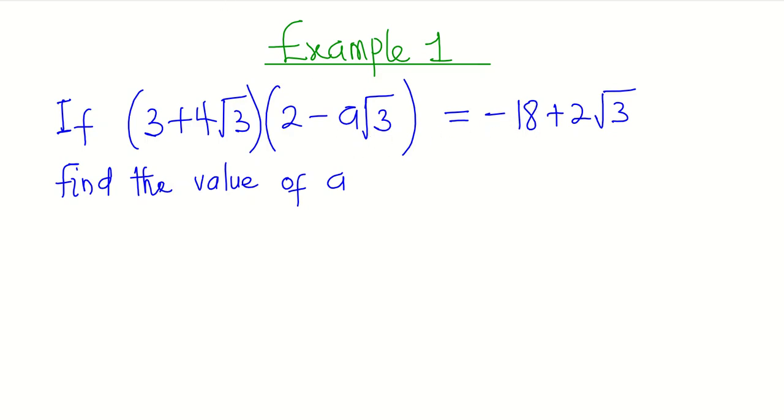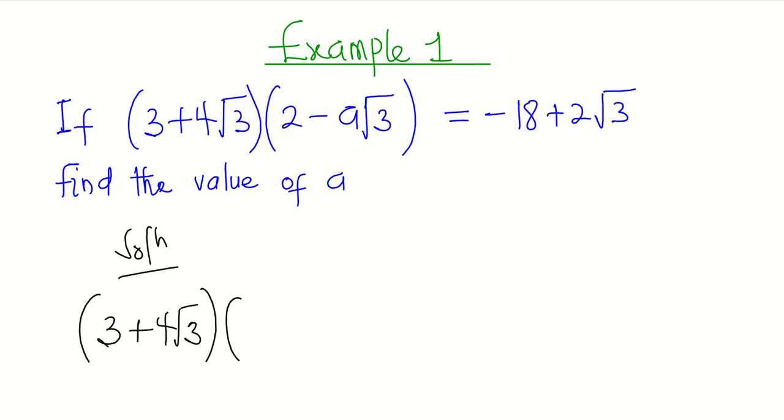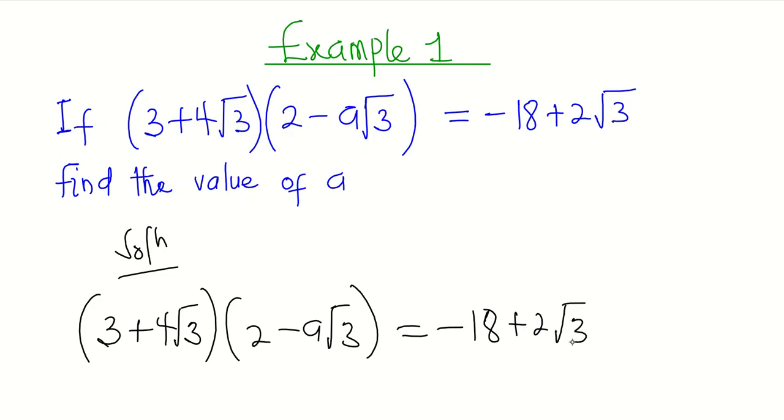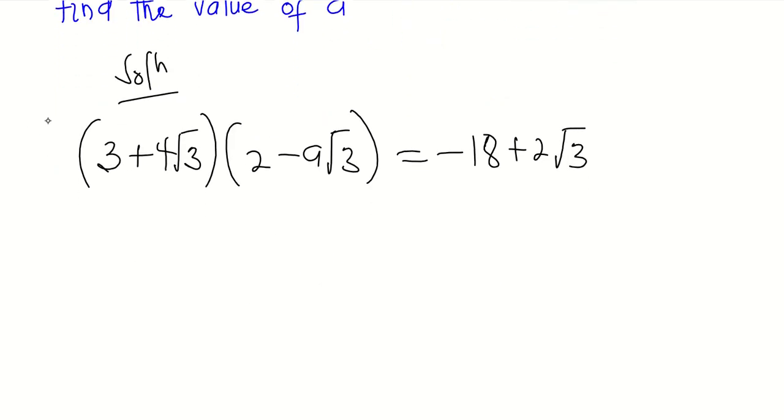Now if that happens, then it means we are going to have our solution as 3 plus 4 square root of 3 being multiplied by 2 minus a square root of 3, which is equal to minus 18 plus 2 square root of 3. Now if that continues, we are just going to multiply the expression at the left hand side, maintaining the right hand side.